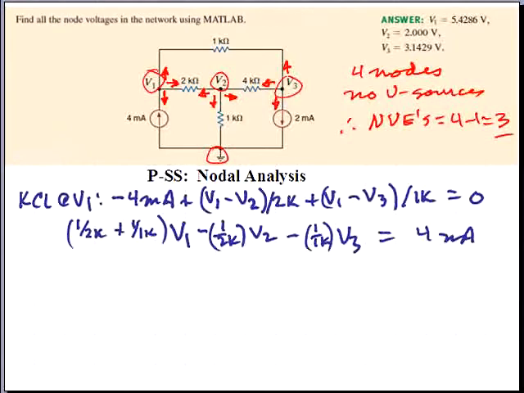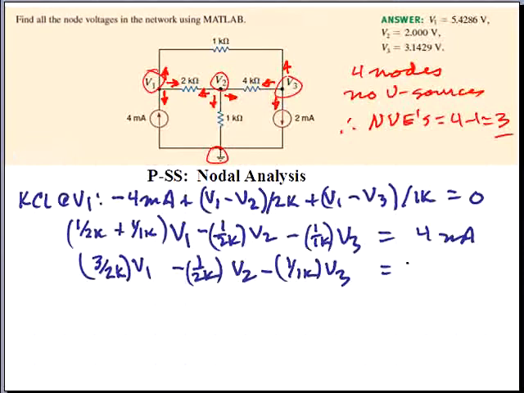Or simplifying, we have 3 halves over K V1 minus 1 over 2K V2 minus 1 over 1K V3 is equal to 4 milliamps. So this will be one node voltage equation.